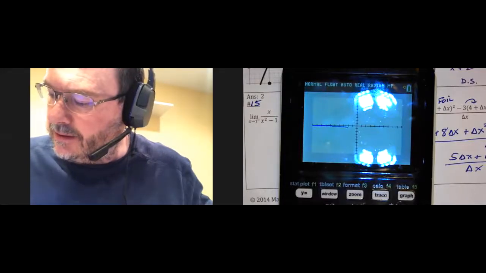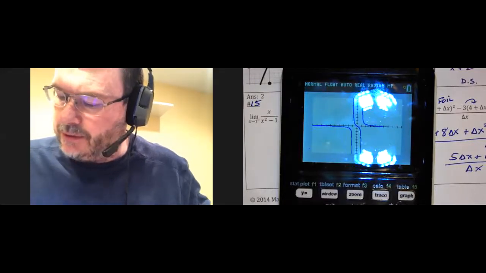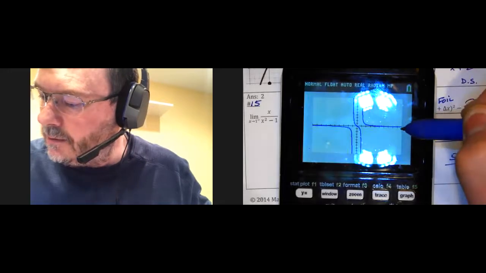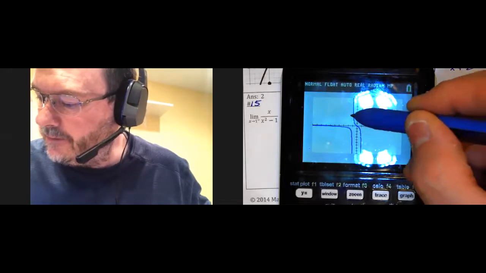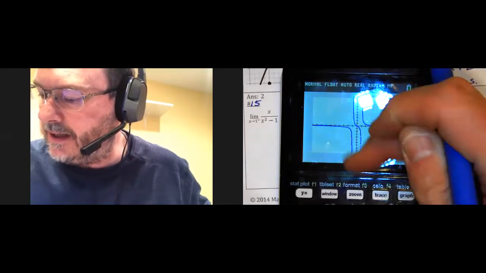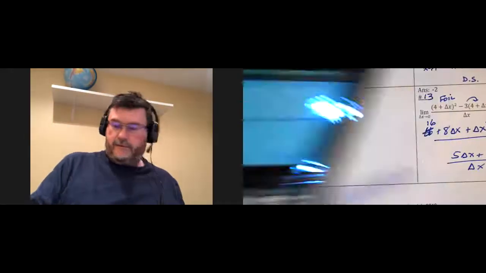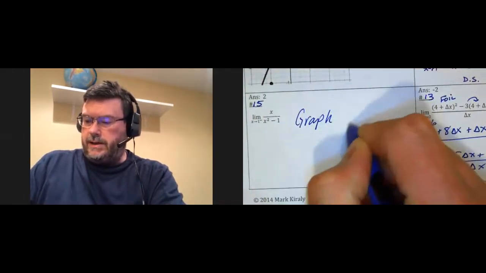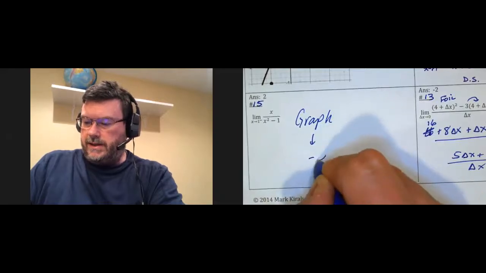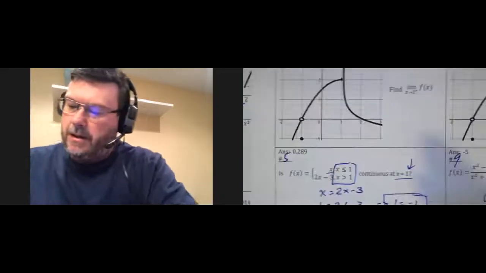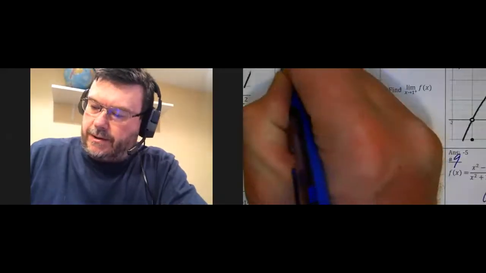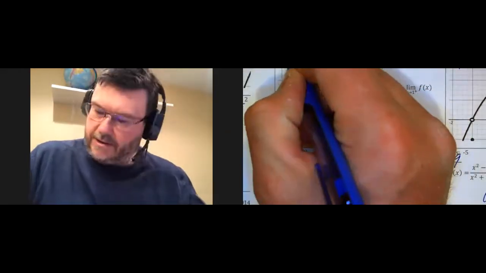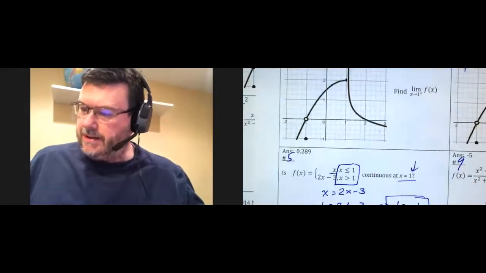And this is what happens if x approaches 1 from the left. 1 from the left is this way, so it's going to go down to negative infinity. So I use the graph, and it goes to negative infinity, which is this one, which is 16. So 16 is my last one.